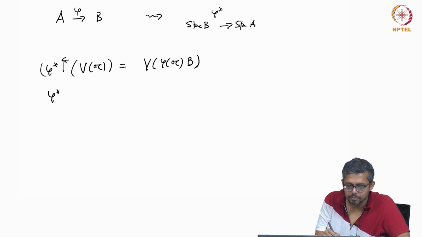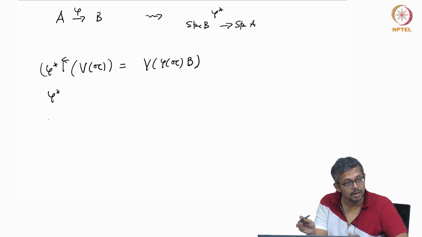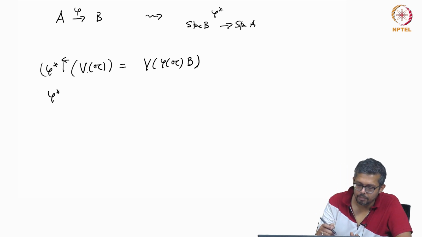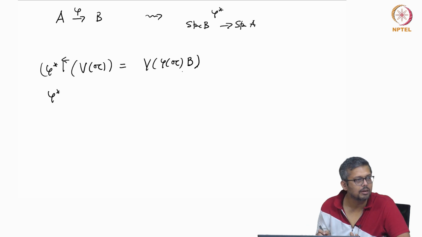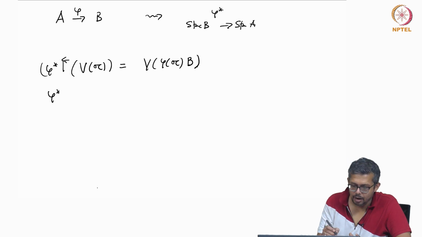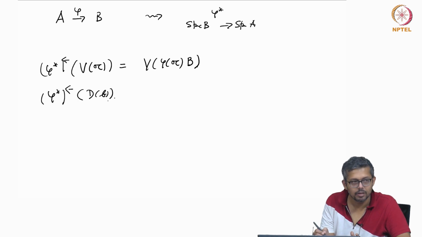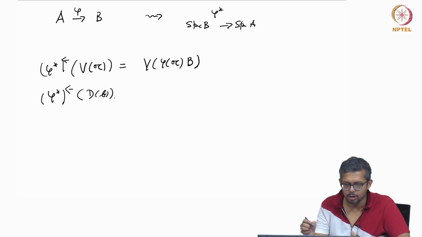Phi star is continuous because of this property, that phi star inverse of V of A is V of phi of A, the ideal generated by phi of A. And similarly for the open subset, if I take the basic open subset or distinguished open subset, phi star inverse of D of f, where f belongs to A, this is an open subset. This is nothing but D of phi of f.